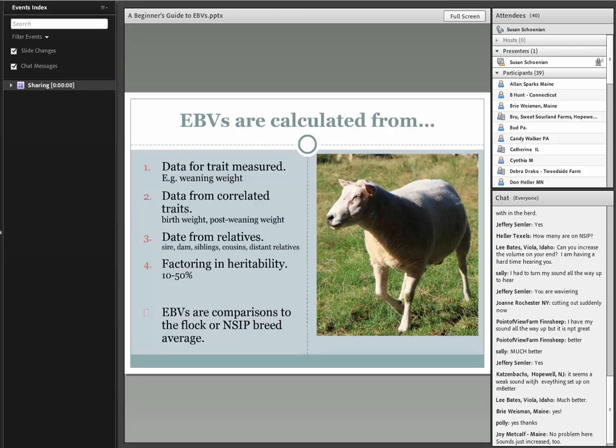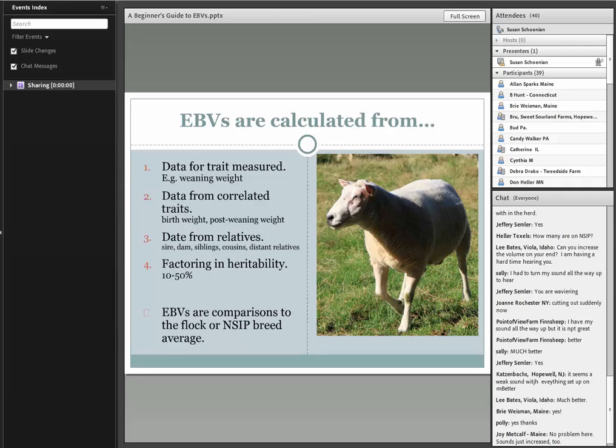We can try to do that on the farm, but EBVs are going to be calculated scientifically. They're going to factor all that information in. And of course, the EBV has to consider heritability. That has to factor into the calculations as well. So all of these things go into calculating that EBV.